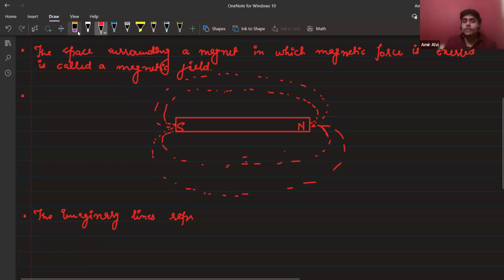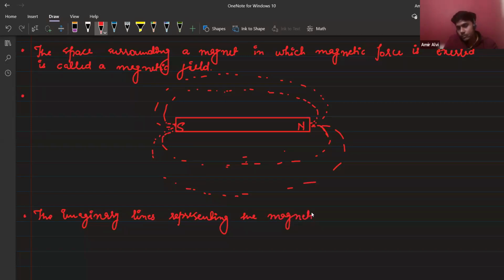By performing experiments. Clear? Yes, sir. The imaginary line representing the magnetic field is called a magnetic field line.